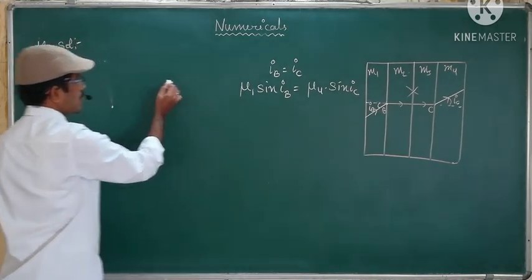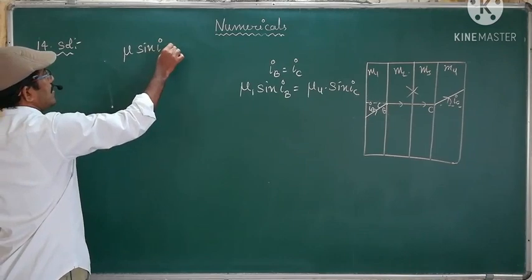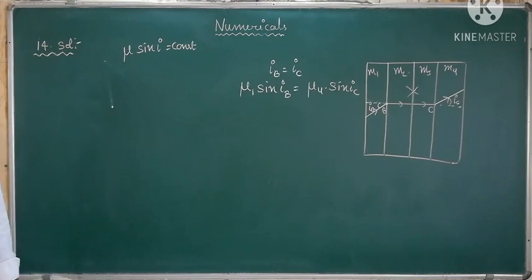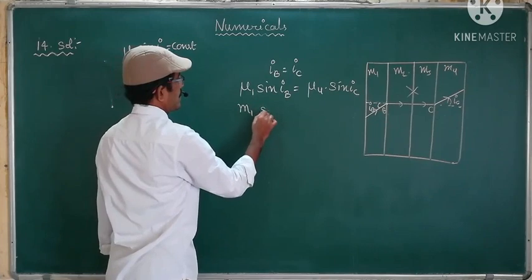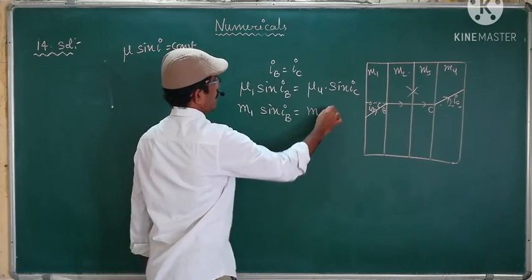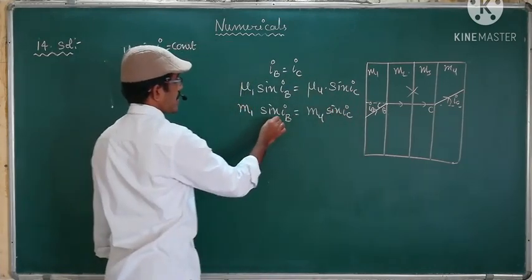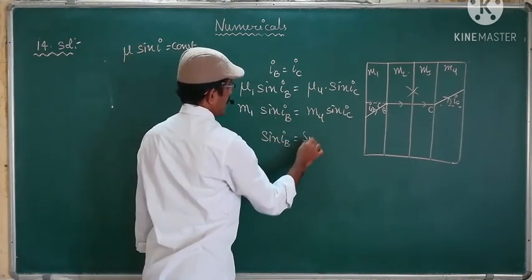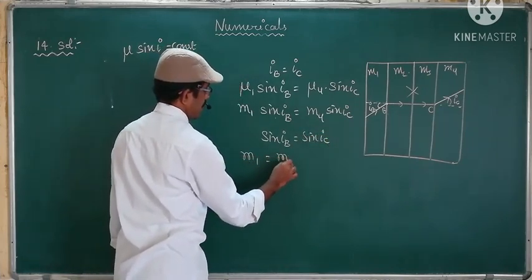As we know from the laws of refraction, the product of refractive index of the medium and sine of the angle of incidence in that medium is a constant. Now M1 sine IB is equal to M4 sine IC. Here IB is equal to IC, so sine IB is equal to sine IC, which means M1 is equal to M4.